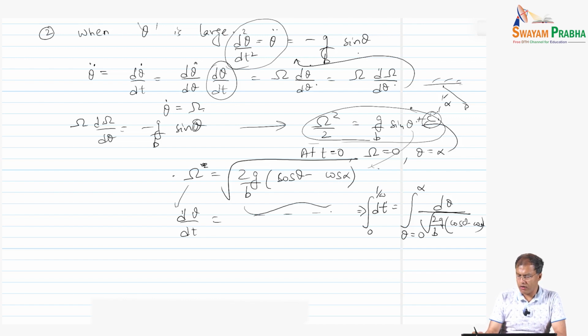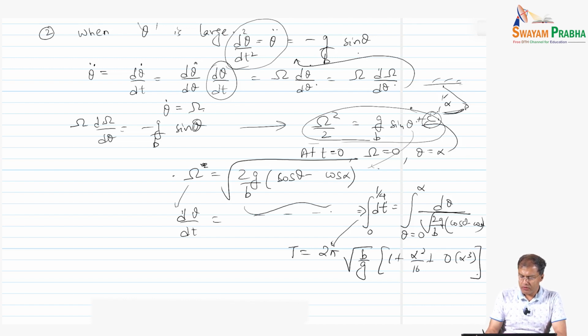Why 1/4? Because when we are integrating from 0 to alpha, we are actually calculating 1/4 of the motion of the pendulum. So that is going to give us the period here, and the period comes out to be roughly equal to 2 pi by square root b over g times 1 plus alpha squared by 16 plus order alpha to the fourth.